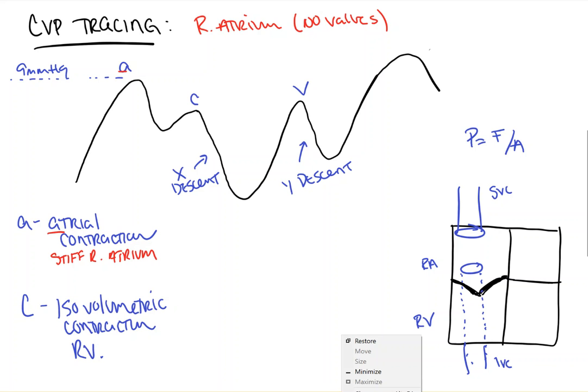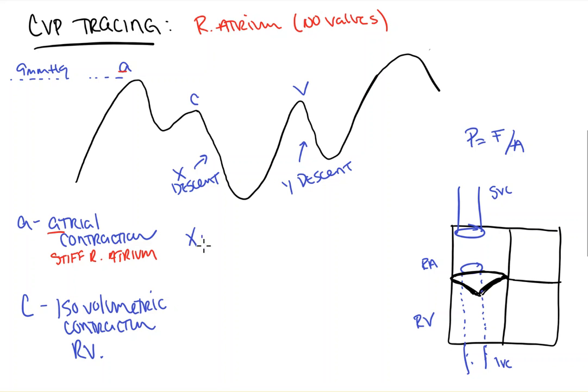This is when your ventricle is contracting and your tricuspid valve is starting to bow backwards into the right atrium, thus decreasing the area, leading to a slight increase in pressure. Again, that's why understanding that pressure equals force over area is important. As the tricuspid valve bows backwards into the right atrium, the area goes down and the pressure goes up again.